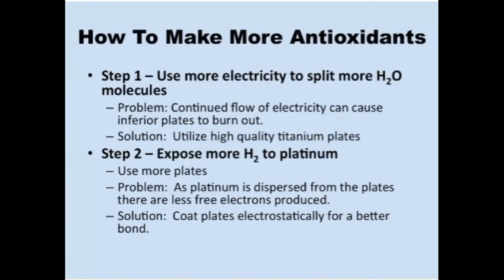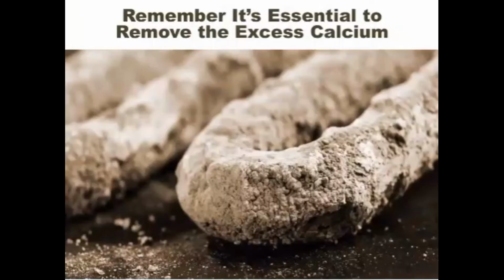And the way to make more antioxidants is to use more electricity to split more H2O into OH negative, H positive, and more importantly, into hydrogen gas. And that allows us to create both an antioxidant from the hydrogen gas and to create some free electrons as it's exposed to more platinum.